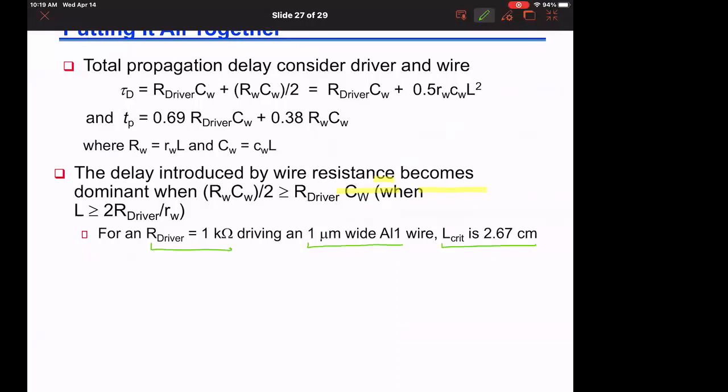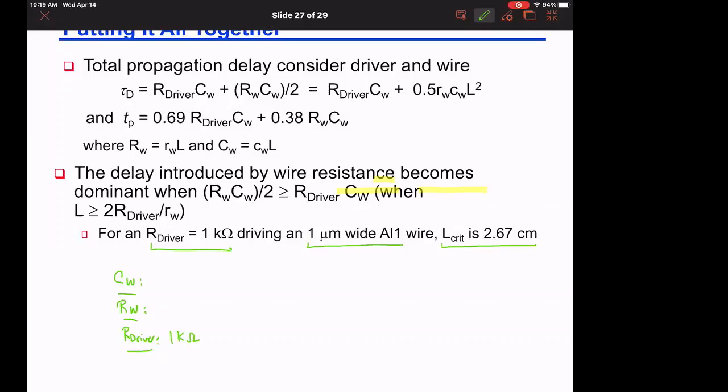So let us try to find CW and RW. We need to know R driver to find those quantities. Okay, for R driver I have 1 kilo ohm.